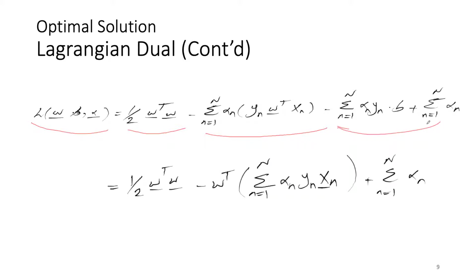Now, if you factor in w transpose here, you're going to have 1/2 w transpose w minus w transpose times this. And we just figured this out in a previous slide, which was w, right? When we found the gradient of that. So this amounts to w.